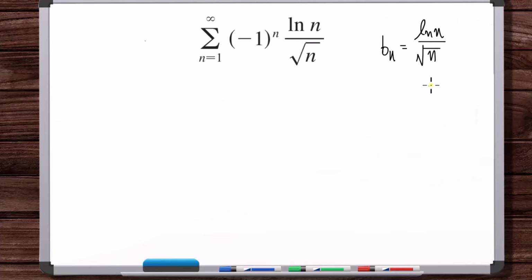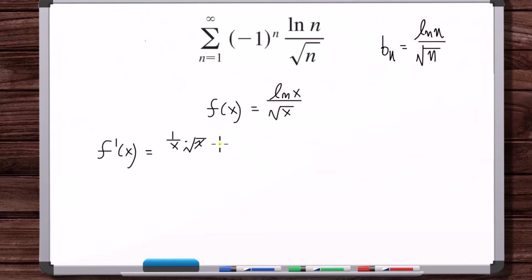It's hard to tell just looking at this. So what we can do is replace n with x, and there's no issue. Yeah, that's fine. So let's take the derivative. Quotient rule: derivative of the top times the bottom minus derivative of the bottom times the top, all over the bottom squared. Root x over x is 1 over root x.